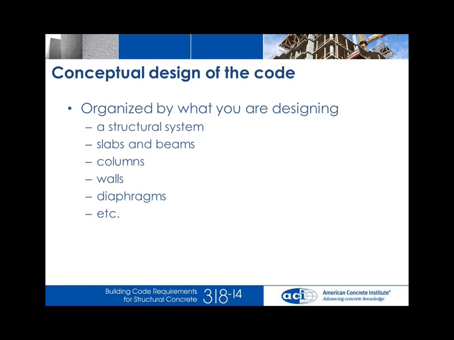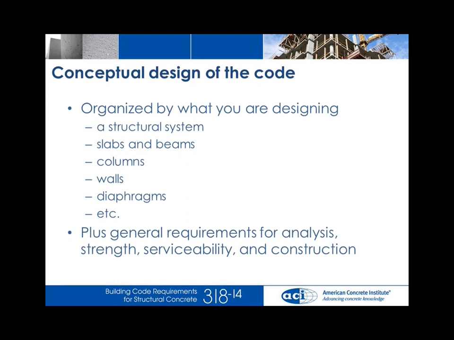The whole idea of the code is to organize it by what you're designing. There's a structural system, there's slabs and beams, there's columns, walls, diaphragms, and other things that should be part of this building that's being designed. And then there are some general requirements for analysis, strength, serviceability, construction, and so forth. And so the code is organized around this conceptual design.